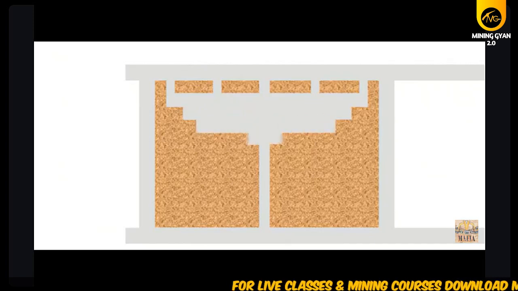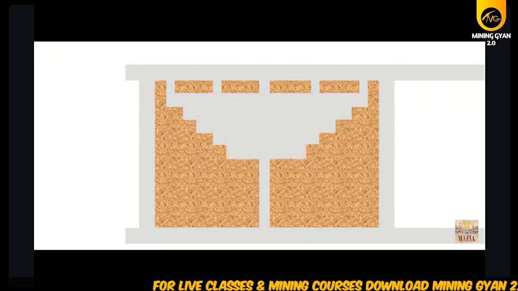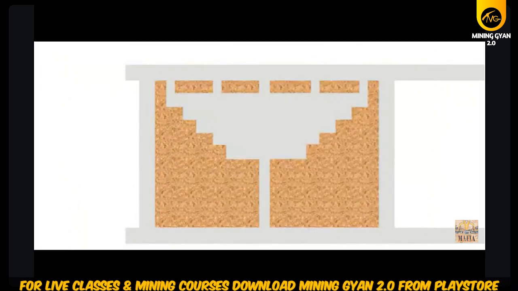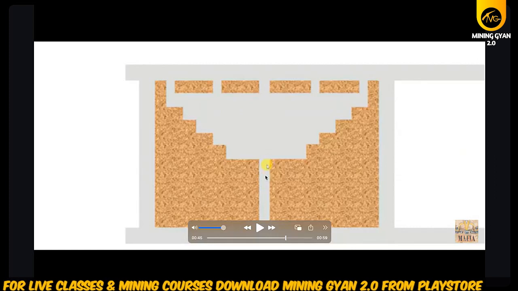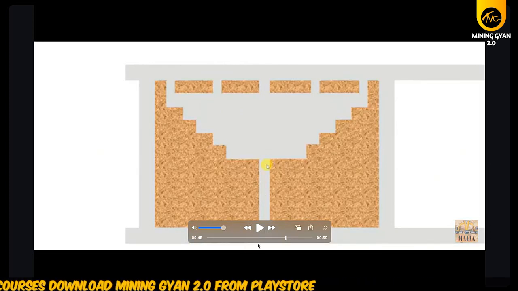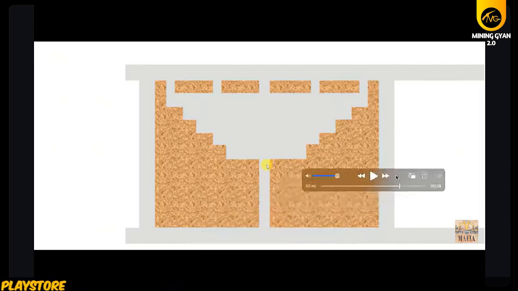This method is like open cast mining. So in this method the blasted material from these benches will fall down with the help of this raise or winze, whatever they have named it, and collect on the lower level with the help of different types of machines.